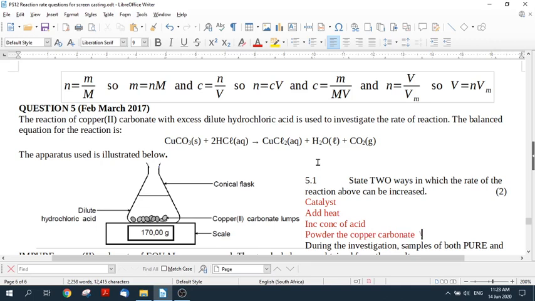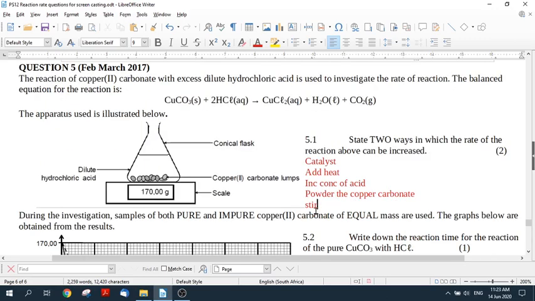You can stir it. Stirring also adds mechanical energy. Any two of those will increase the rate of reaction, but the most obvious one is to powder the copper carbonate and increase the concentration of the acid or heat it.